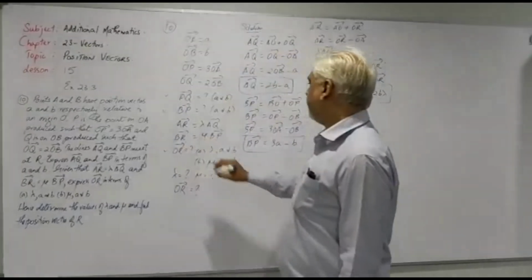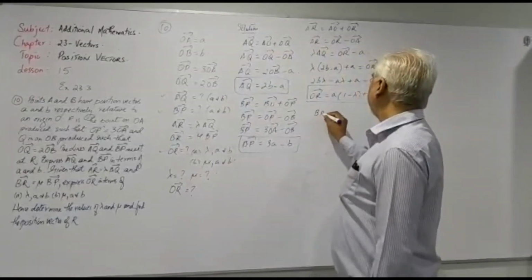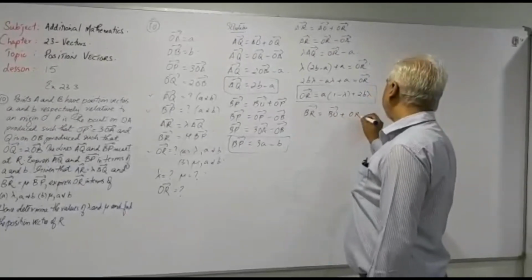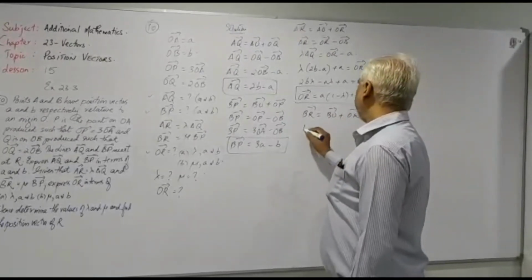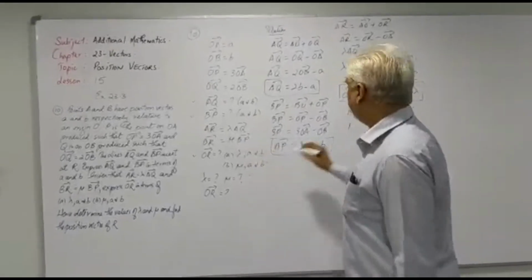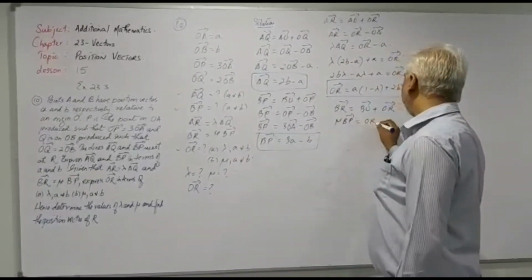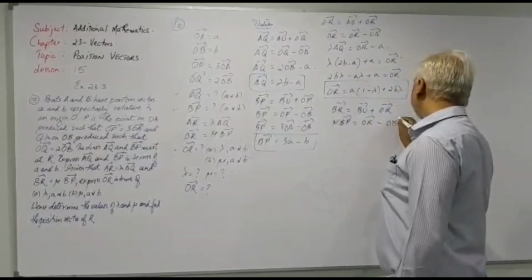Now we know that BR is equal to BO plus OR, or I can say BR is equal to mu BP is equal to OR minus OB.